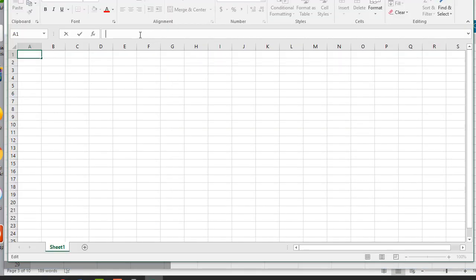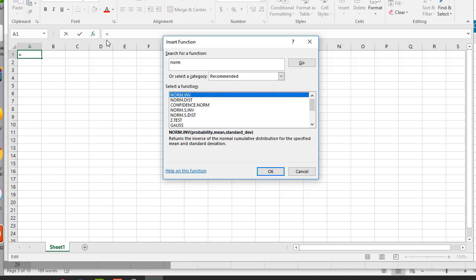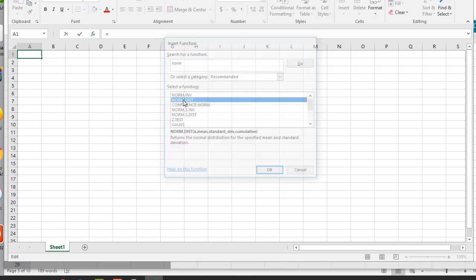And then finally, if I'm doing this in Excel, I'm going to go to my entry bar, hit fx, and start to type normal. Norm dist returns the normal distribution for a specified mean and standard deviation. So I'm going to double click that.